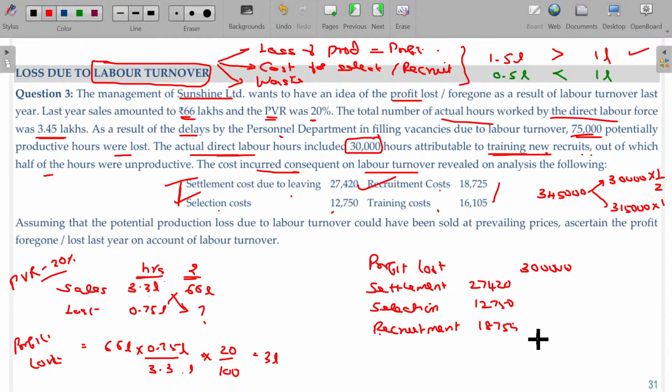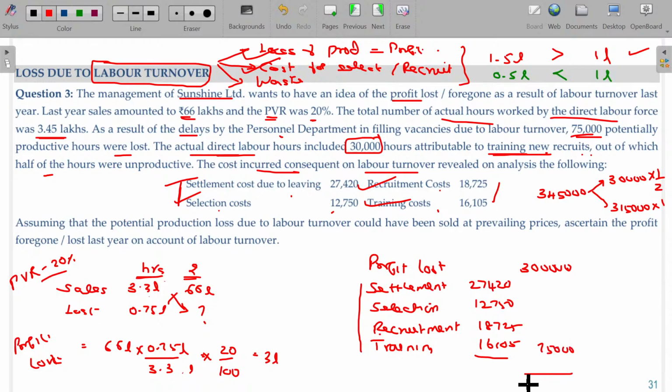After recruiting, we have to train them. Training cost for equipping them to do work better. These are the second costs: loss of production, cost of selecting and recruiting. Hope this will be in total 75,000.